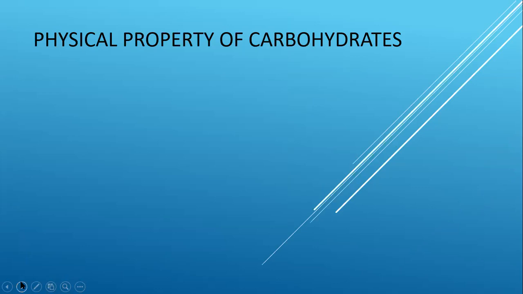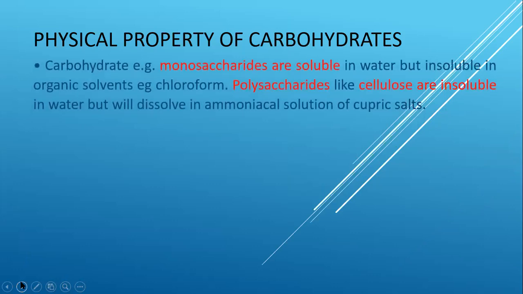Now let's look at the physical properties of carbohydrates. Carbohydrates, for example, monosaccharides, we know are soluble in water. That's why when you put glucose in water, it dissolves. It is soluble in water, but insoluble in chloroform.